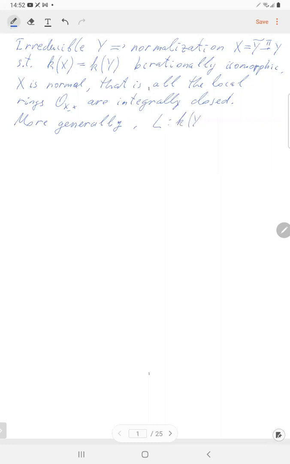Integrally closed means such a notion of basic algebra that all the algebraic equations with leading coefficient 1 that have solutions in the field of fractions, they do have solutions in the ring itself.